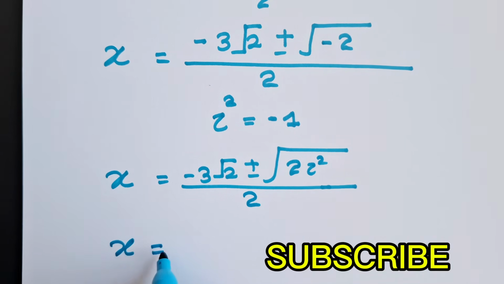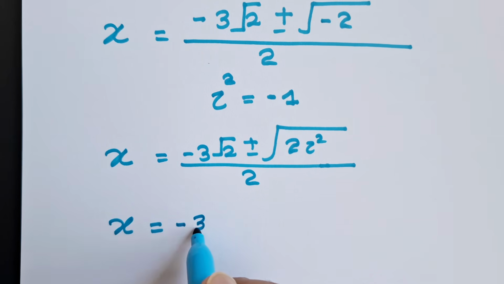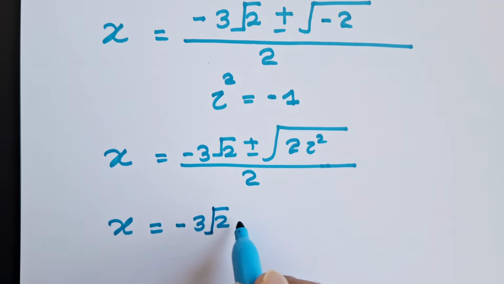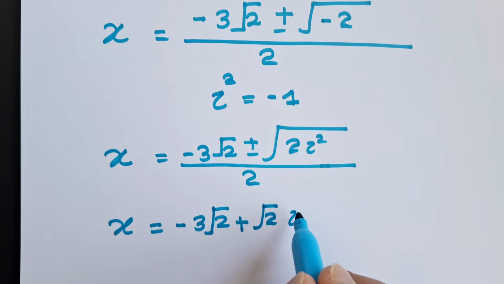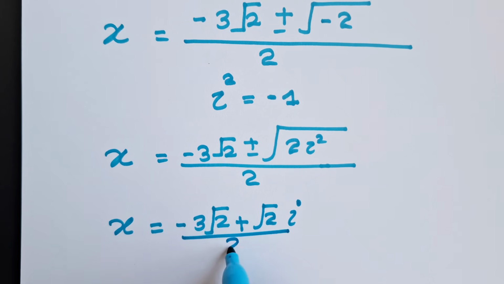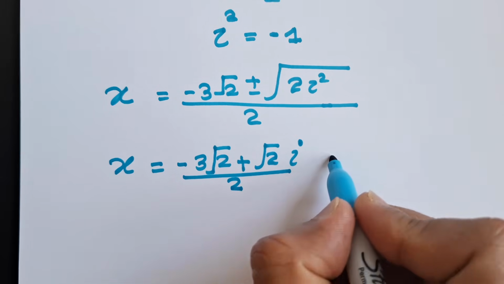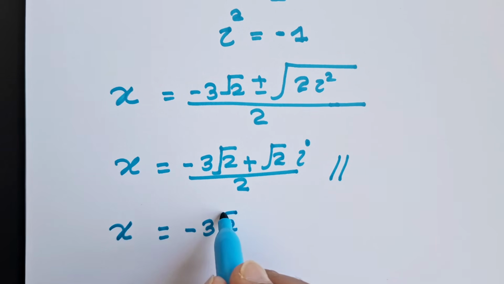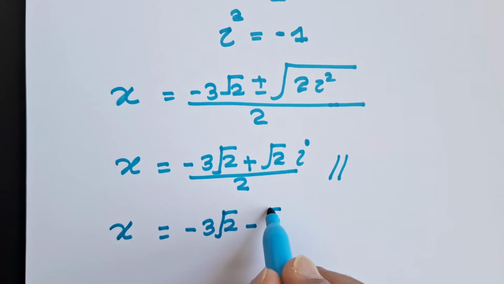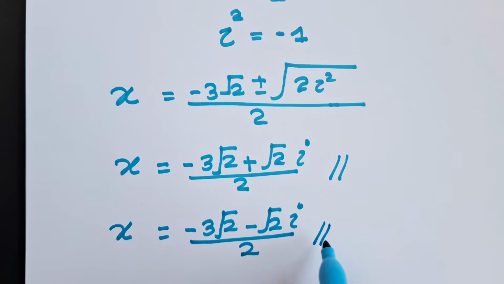Then we can get two complex solutions. The first one is minus 3 times square root of 2 plus square root of 2 times i, divided by 2, because the square root of i squared is equal to i. My second complex solution is x is equal to minus 3 times square root of 2 minus square root of 2 times i, divided by 2.